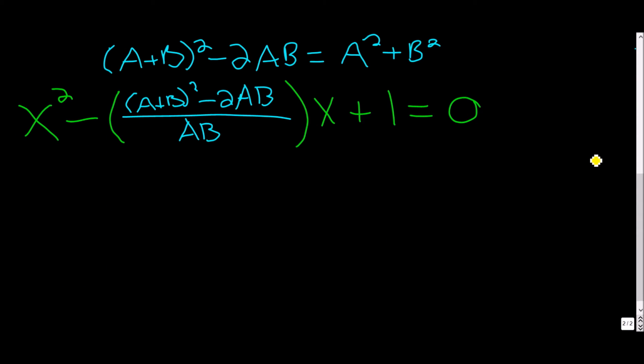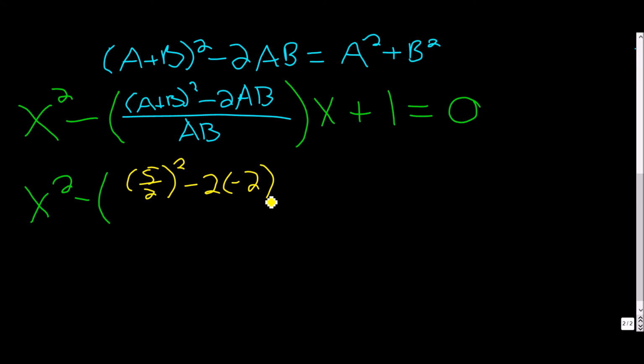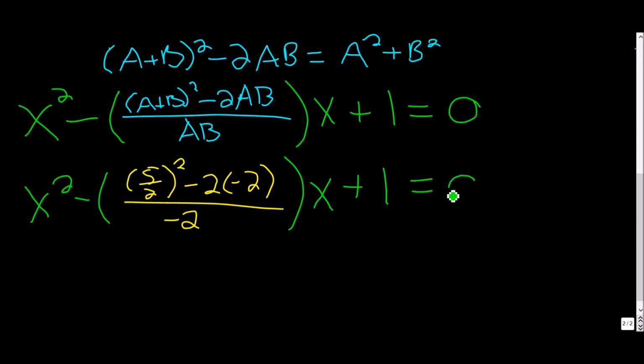So we go down here. We're going to say, okay, x squared minus, so alpha plus beta we had was 5 halves, so we have 5 halves squared, minus 2 times negative 2, because that was what alpha beta was. And we divide by alpha beta, which is negative 2. And now all we really need to do is simplify, and we are finished.